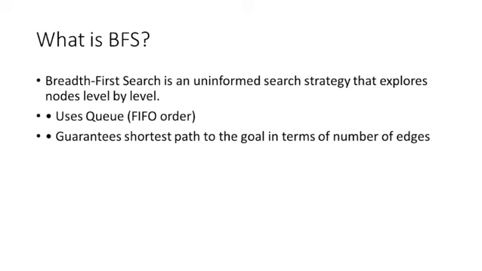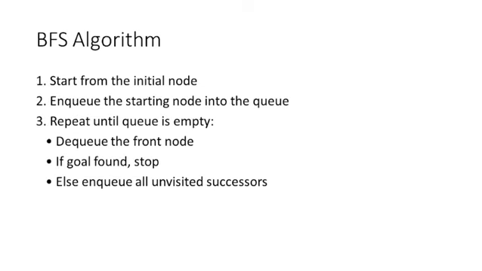Now we will see how the BFS algorithm works. Starting from the initial node, we define one queue and store the starting node into that queue. Each time, we check whether the current node is the goal node or not.